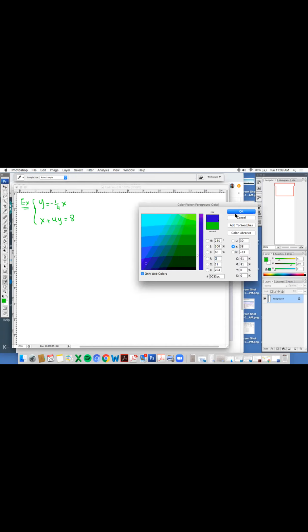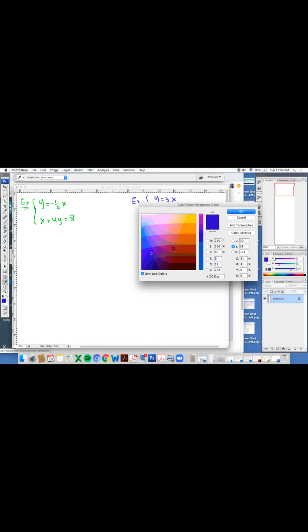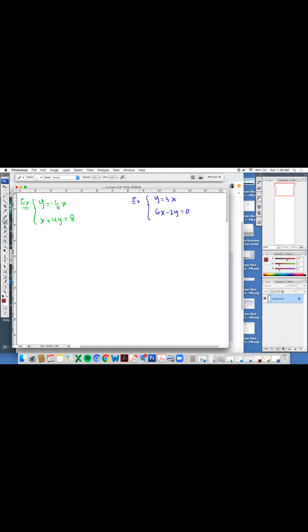And let's have another example. y equals 3x, and 6x minus 2y equals 0. All right, so I'm going to work through the first one, and I'm going to let you guys have time for the second one. I noticed the first equation is already solved for y.